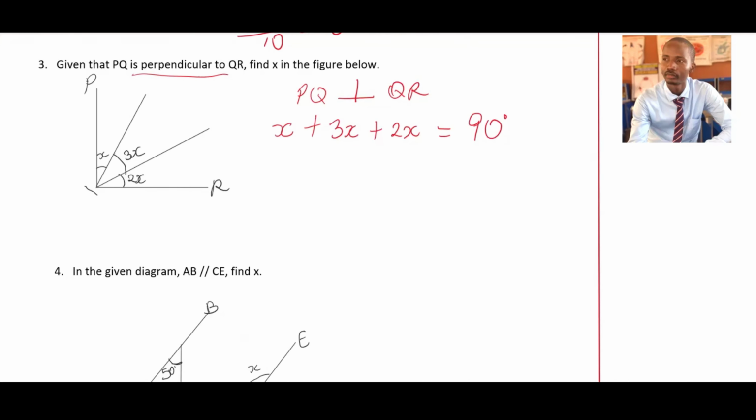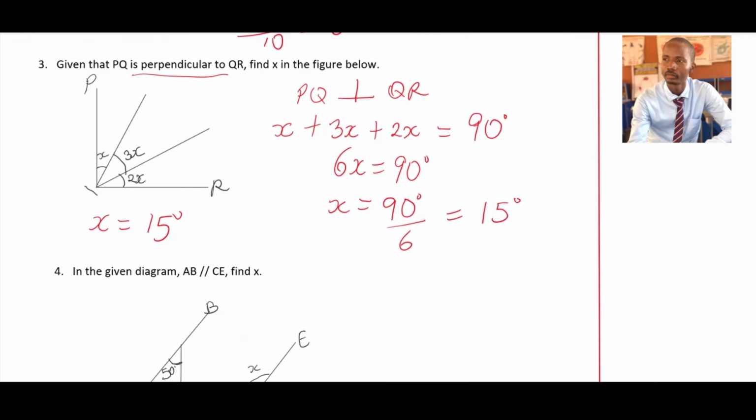X plus 3x is 4x. 4x plus 2x is 6x. So 6x is equal to 90 degrees. Dividing both sides by 6, x is equal to 90 degrees divided by 6, which is 15 degrees. So it means that x is equal to 15 degrees.